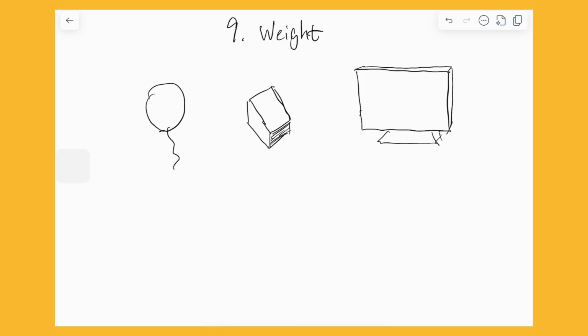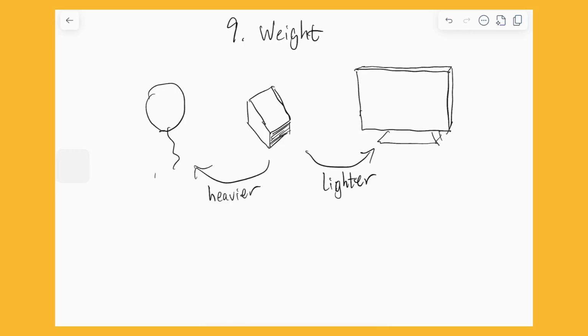Okay, so let's compare the weight. Book is what? Compared with the balloon, the book is heavier than the balloon. But compared with the television, the book is lighter than the television.